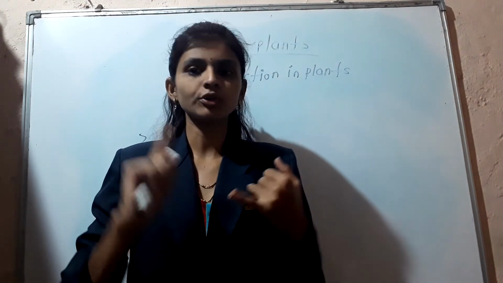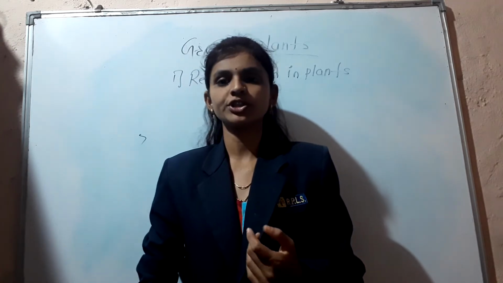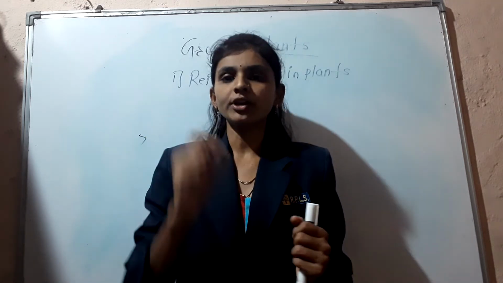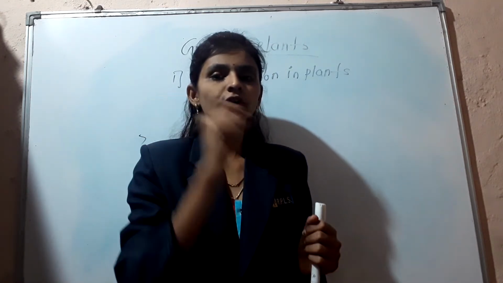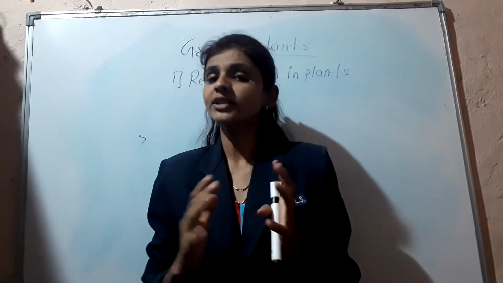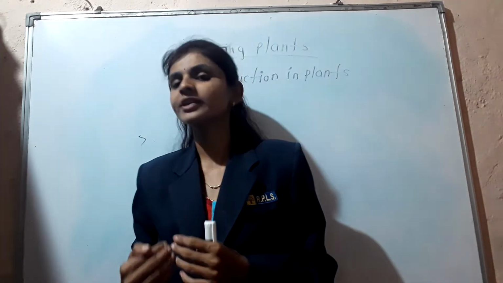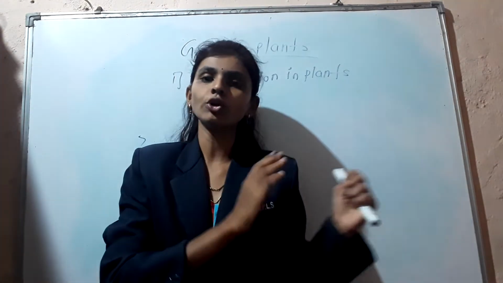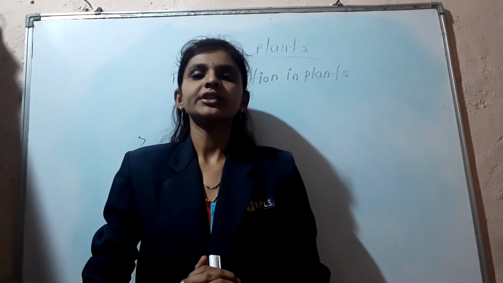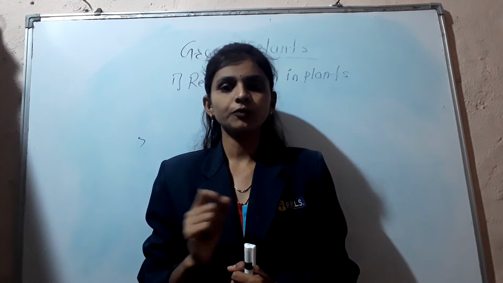So here we discussed pollination, self pollination, cross pollination and the fertilization process. Once again, pollination means the transfer of pollen grains towards the ovule. If it happens in the same plant, it is self pollination; if it is transferred to another plant, it is cross pollination. Next part is related to the flower.